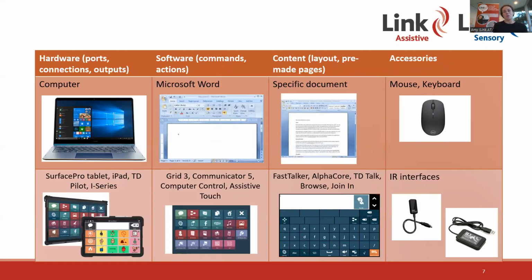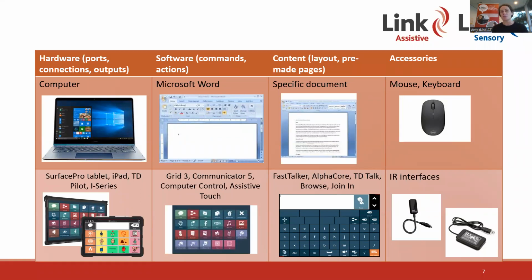This topic can become quite complex as we were pulling together this presentation. So I want to just start right at the basics of what we're looking at in terms of components. So when we're looking at assistive tech and AAC options, we're looking across 4 areas. So firstly, we need to think about the hardware. So that's the computer itself.